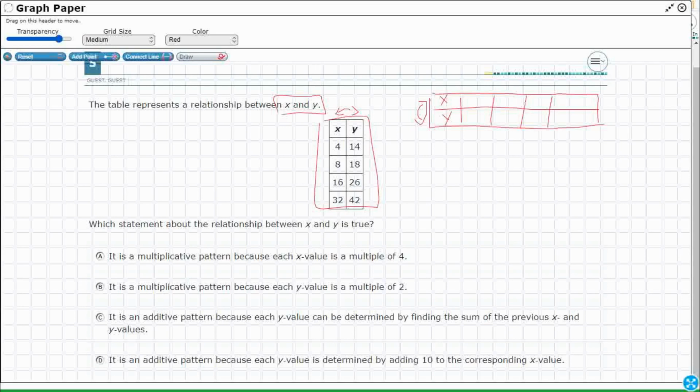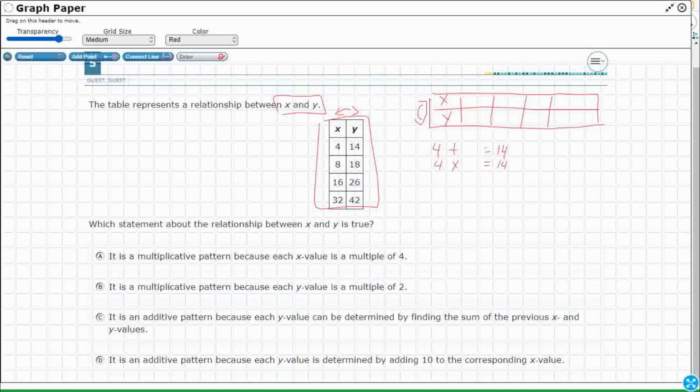So if we're going from left to right, we go from x to y. So it's getting bigger. So that means we are going to do either x, which is going to be 4, plus something equals 14, or 4 times something equals 14. That's how we get bigger.